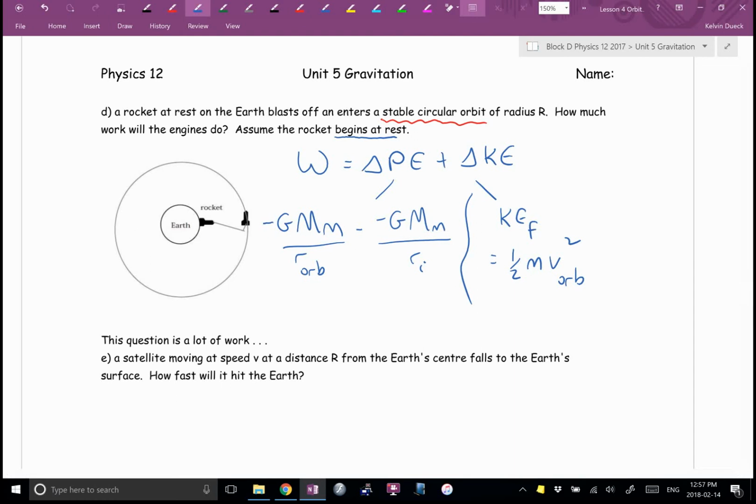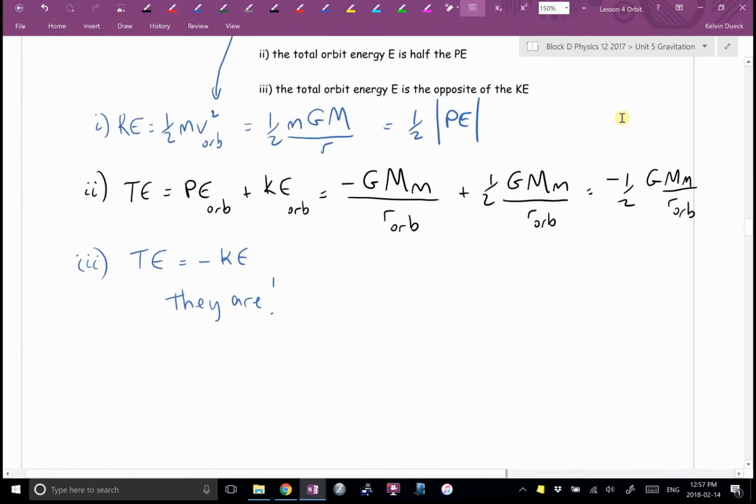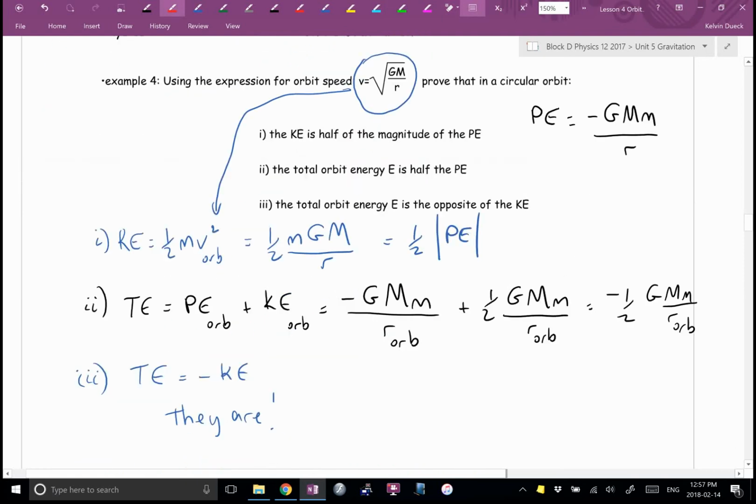If not, we could calculate it. How would you calculate that? Gravity is what's pulling me in a circle. I think you would get what we had on the previous page for orbital speed: big G, big M over R squared.